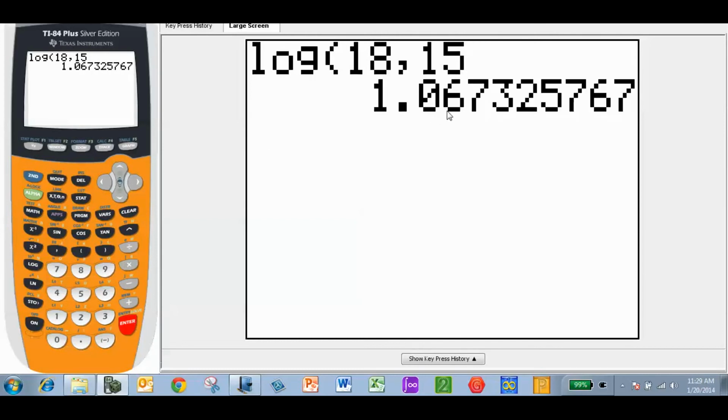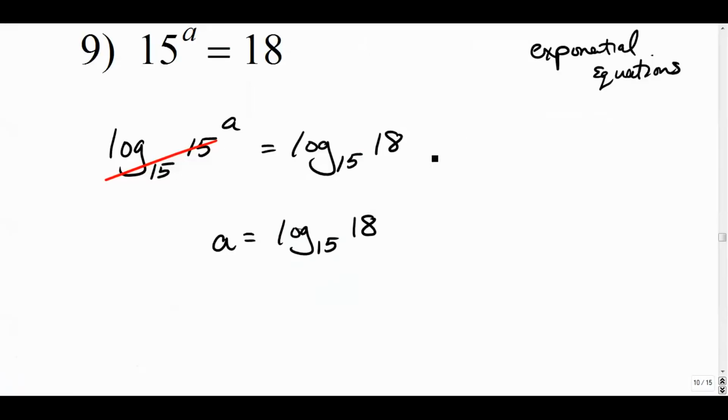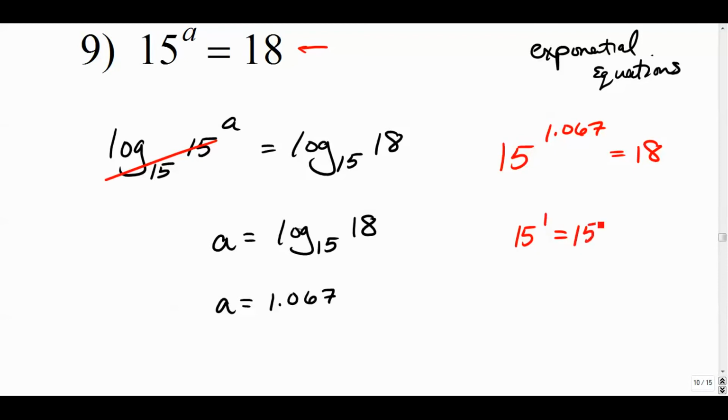So my answer is 1.067. Let's see if that makes sense. A equals 1.067, so check it back up in here. 15 to the 1.067 power equals 18. That makes some sense to me because I know that 15 to the first power is equal to 15, so anything that's slightly above 1 should give me a number slightly above 15. Makes sense?